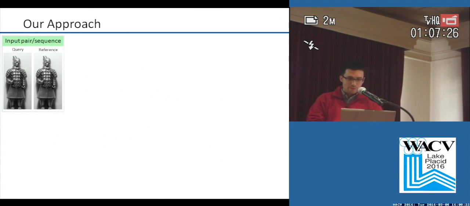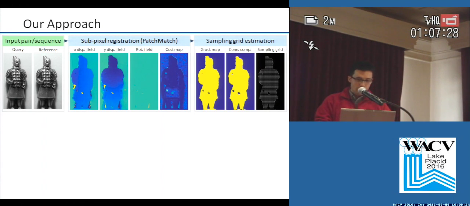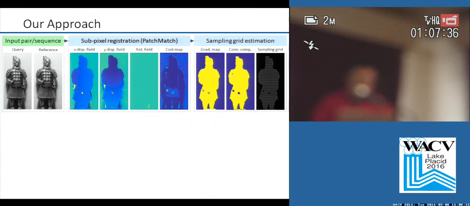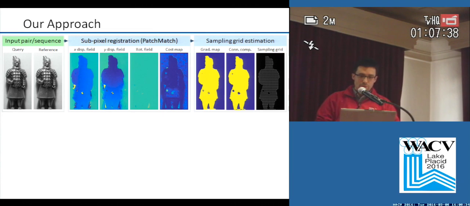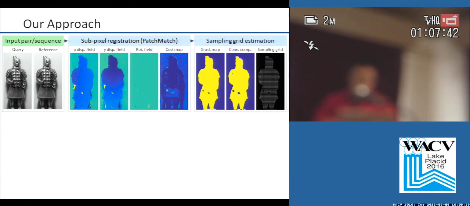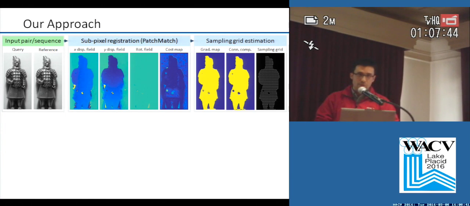So I'll just show you a graphical representation of what's happening. So given a couple of artifact images, so this is a statue in, I think, the Summer Palace in Beijing in China. And our approach is first registering the two very precisely using patch match with a circular NCC cost. And then from the correspondence we estimate the surface of the object, we fit a sampling grid to it.